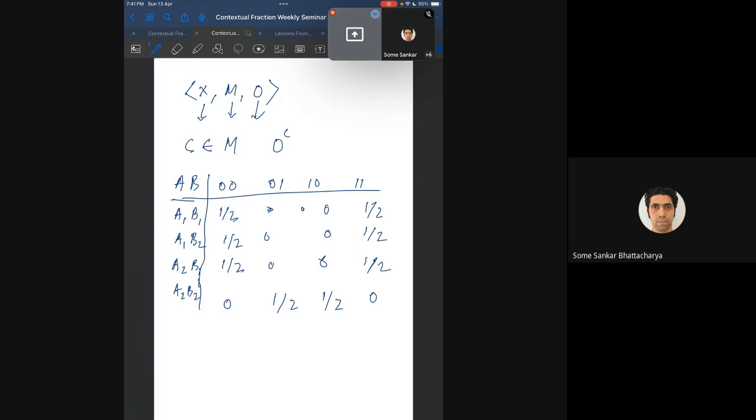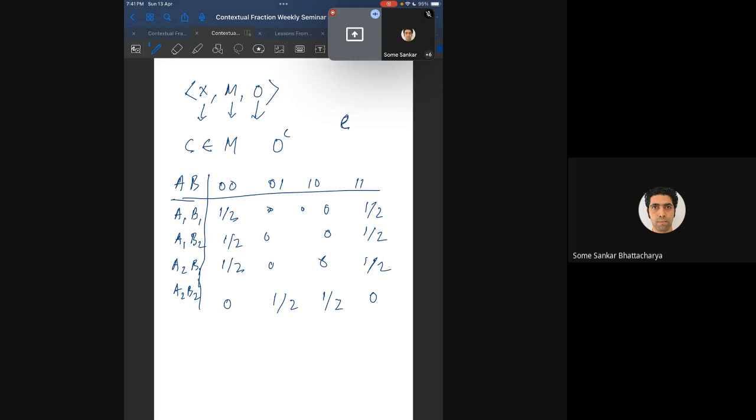You can have many other empirical models. These are just the probabilities that you obtain in your experiment, and you record the data in such a table. This is a two-party, two-input, two-output scenario. I represented this empirical model by a small e.